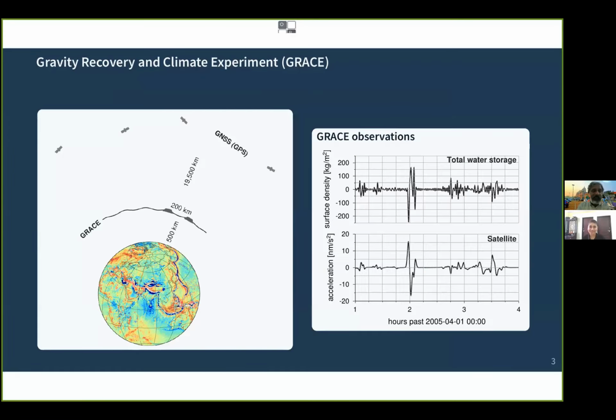What do these satellites do? They measure the distance between the two, and this distance keeps changing because of gravity variations on the Earth. Satellites fly because of gravity, and if you change gravity, their positions change. That's exactly what we're doing.